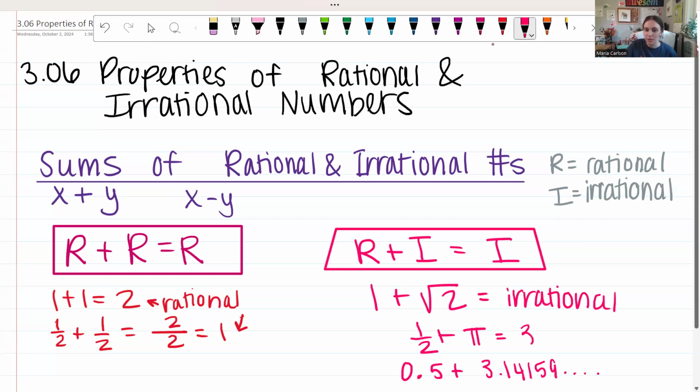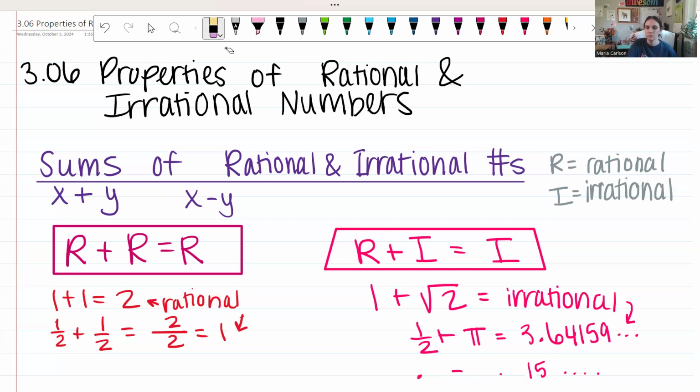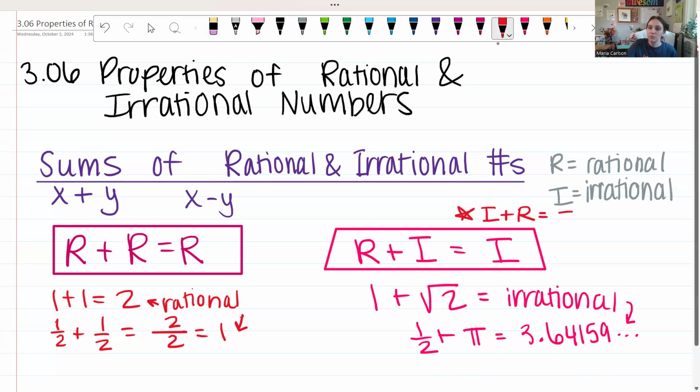So that would be like 3.64159 dot dot dot. So another irrational number. So a rational number plus an irrational, and note that this is the same thing as an irrational plus a rational. They both result in an irrational sum.